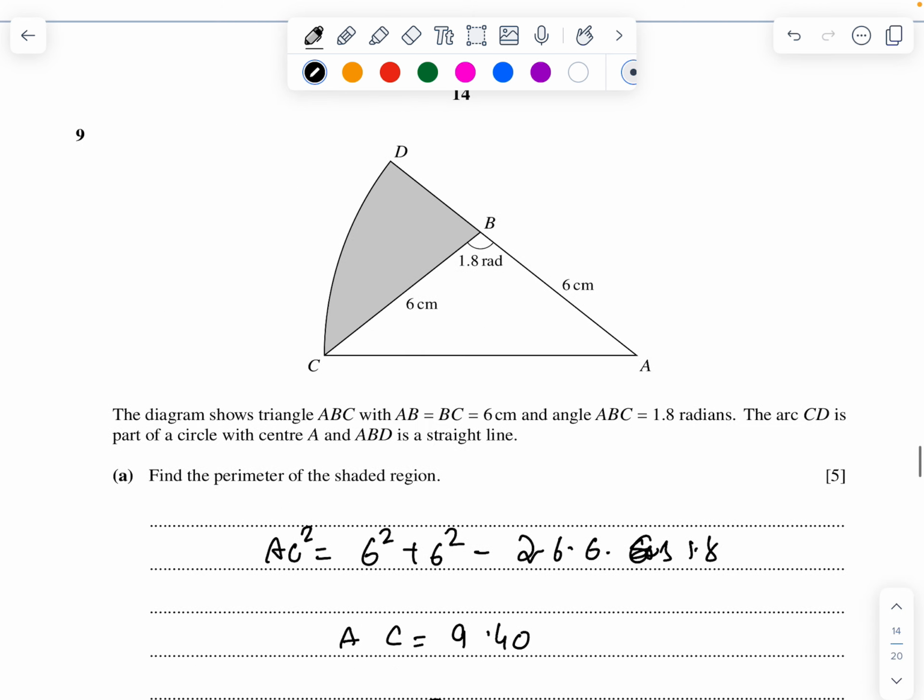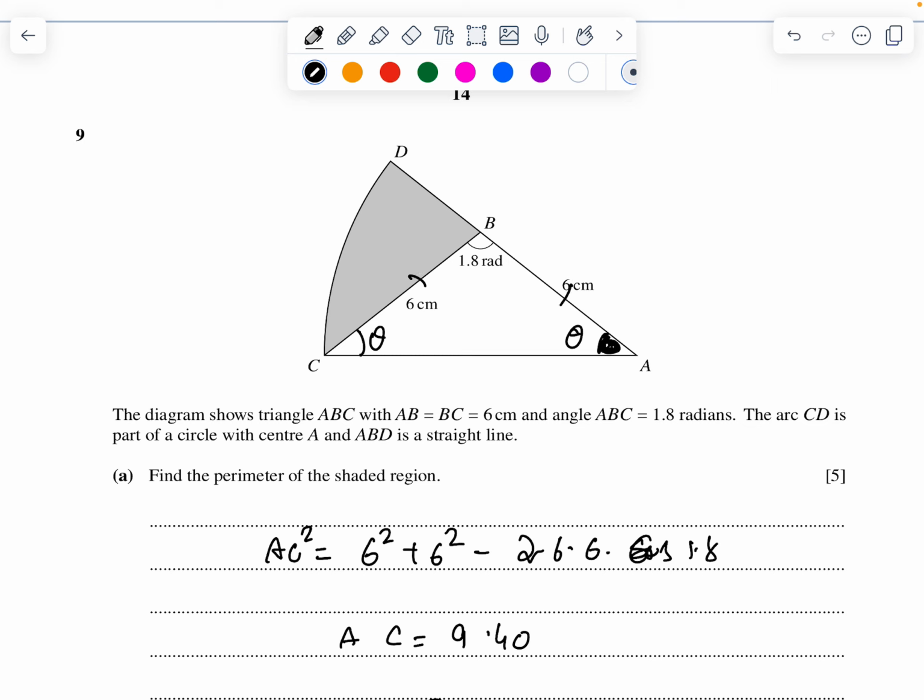Theta is the angle. Which theta am I going to take? I am going to take this particular angle. How do I get that angle? So this is 1.8. So this angle is theta. So this angle also has to be theta because two sides are equal.